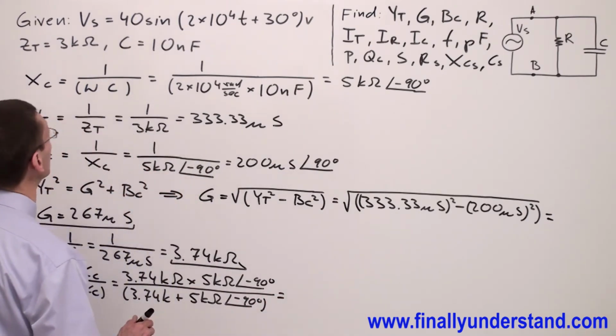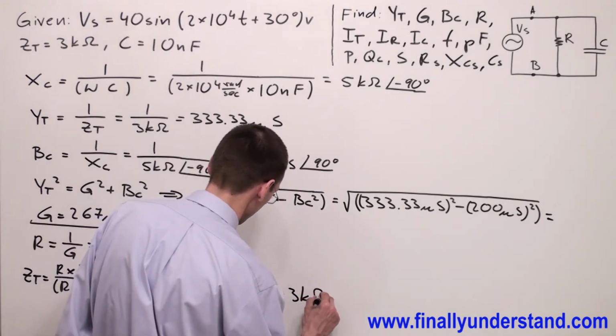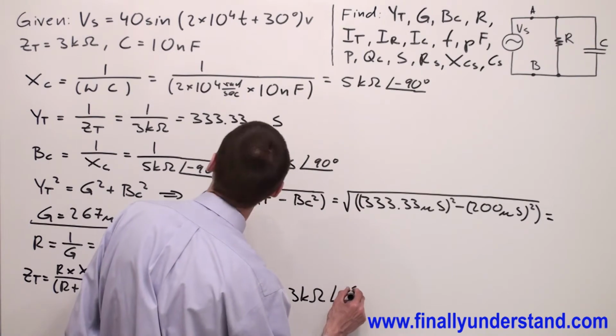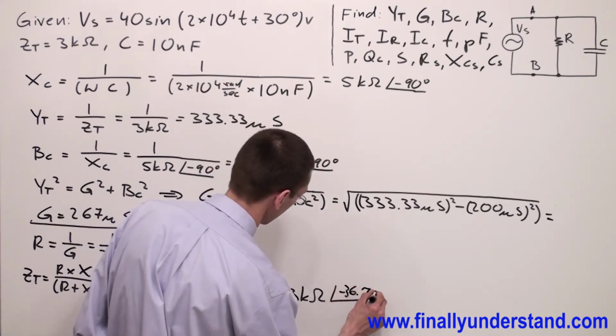So my Z total is equal to 3 kilo ohms and angle of negative 36.79 degrees.